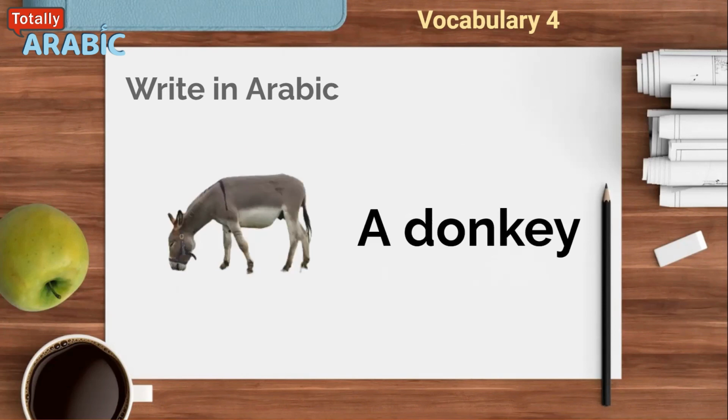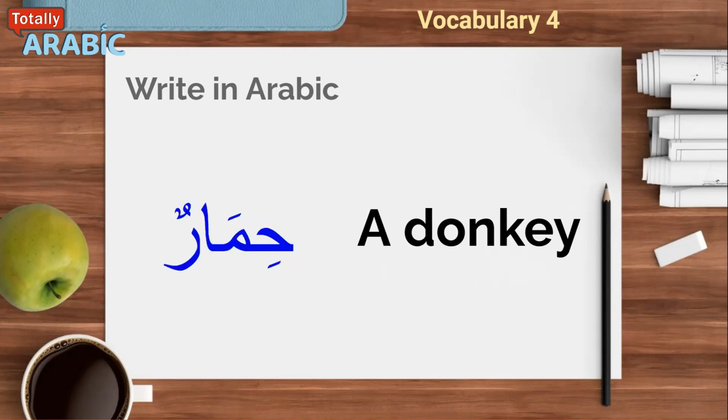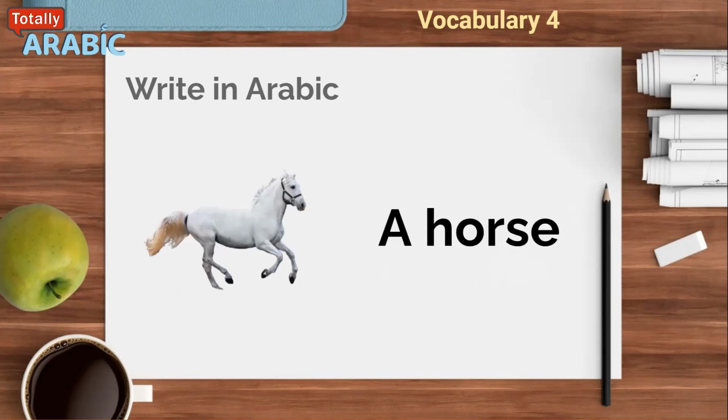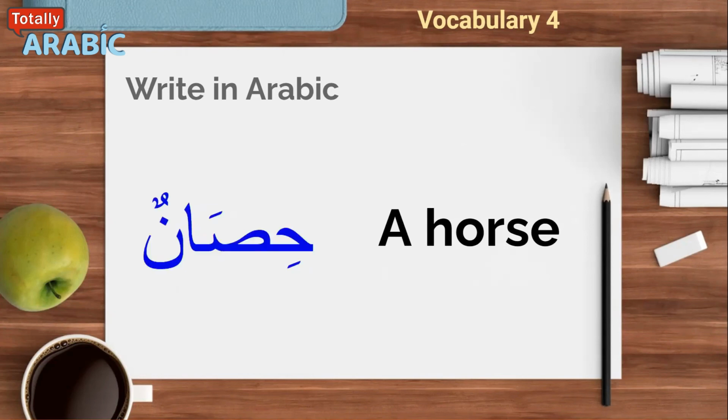A donkey is on the screen. 4 letters. A horse is on the screen. 4 letters.